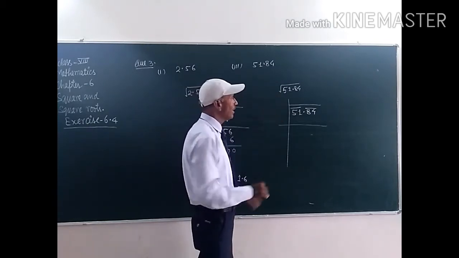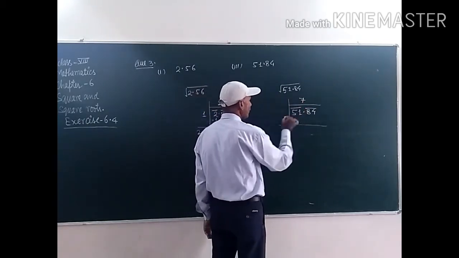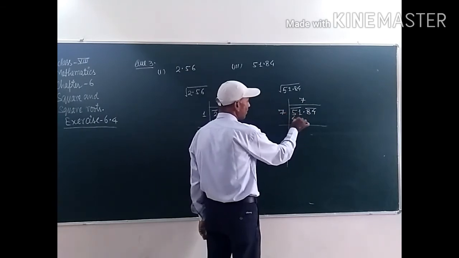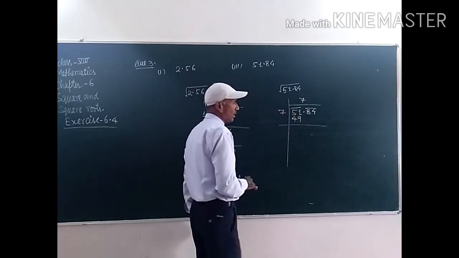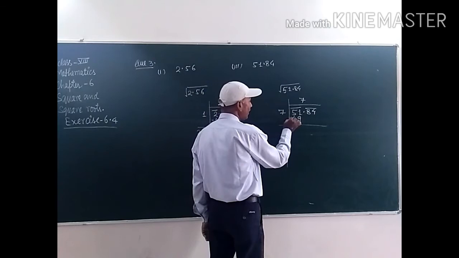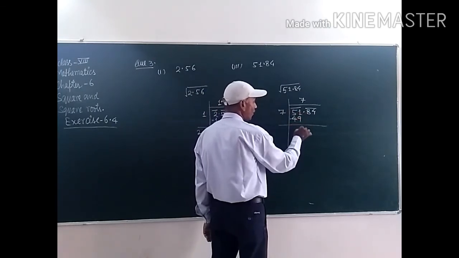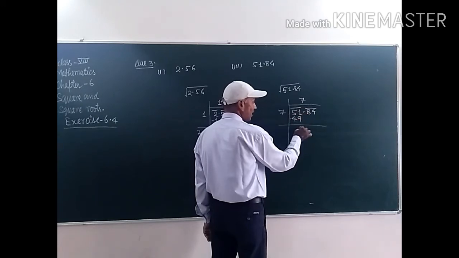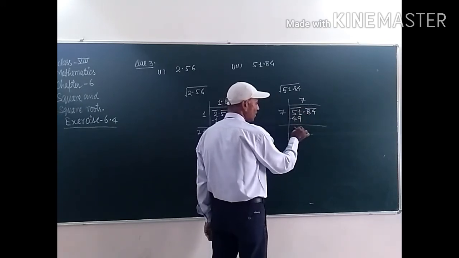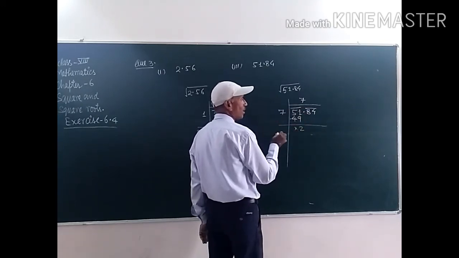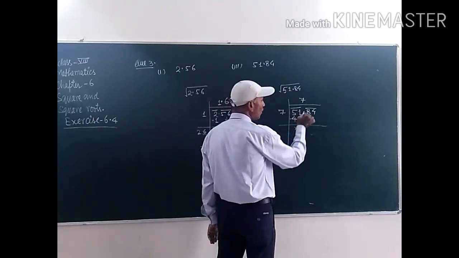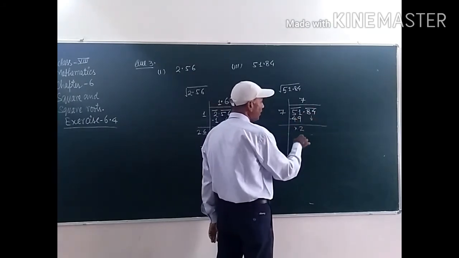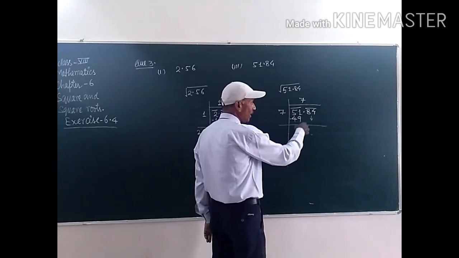So we take 7 here, and 7 7s are 49. Now subtract this from 51: 11 minus 9 is 2, and here 0, 0 means nothing, student. Clear? So this is 2.